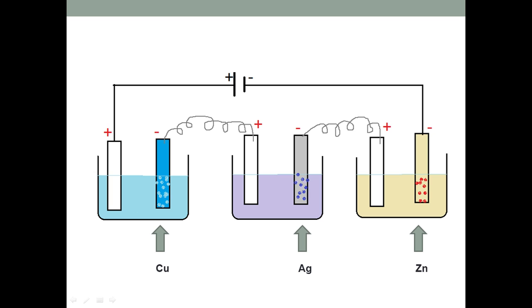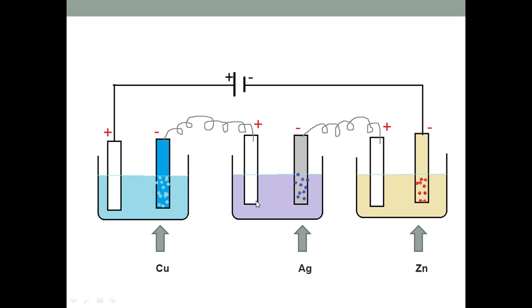The salt of copper is copper sulfate, so in the first beaker we fill aqueous copper sulfate solution. In the second beaker we fill silver nitrate, AgNO3, solution, and in the third we put aqueous zinc sulfate solution, and carry out the reaction.